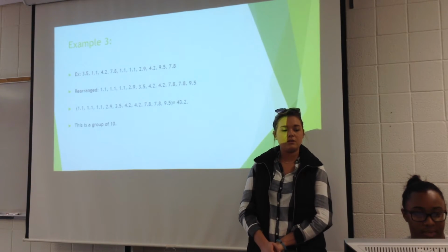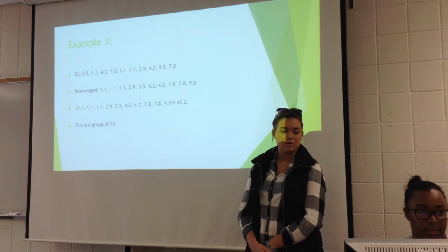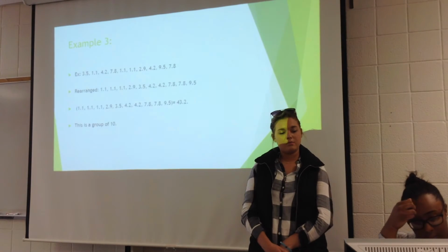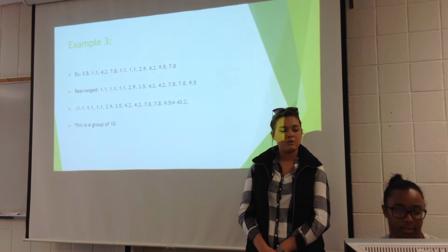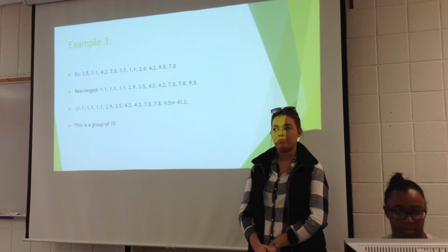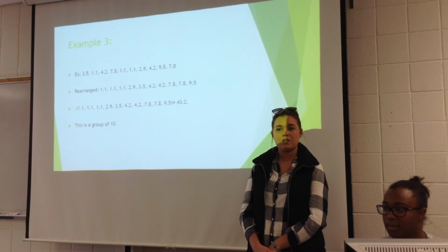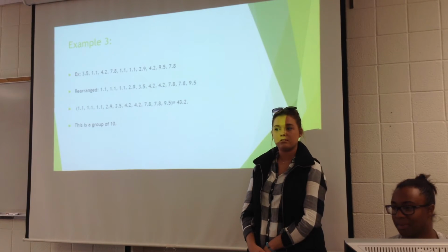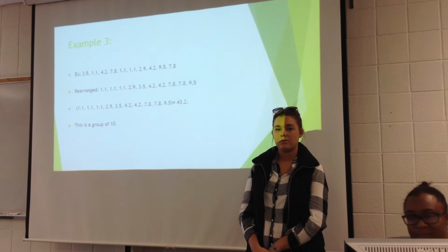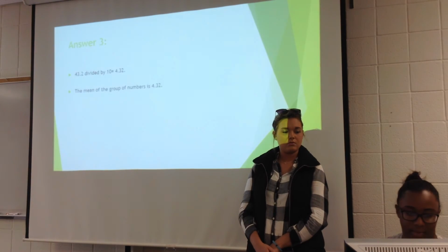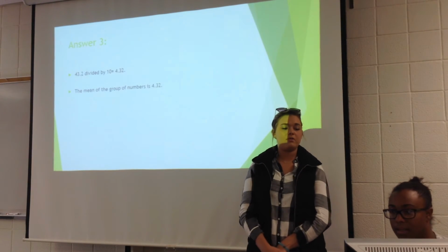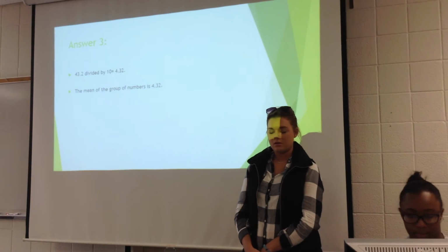Rearrange those, and then you add them up, and it'll equal 43.2. It's also a group of 10. So finish that, and then hold up your answers. If you got 4.32, that is correct.